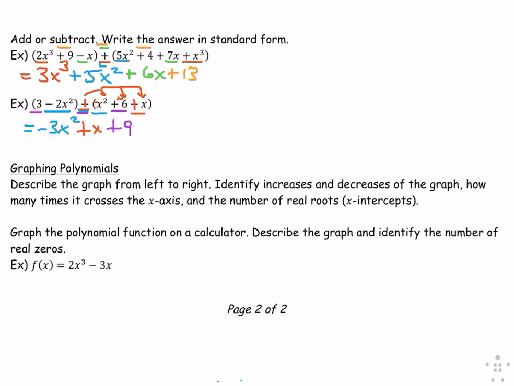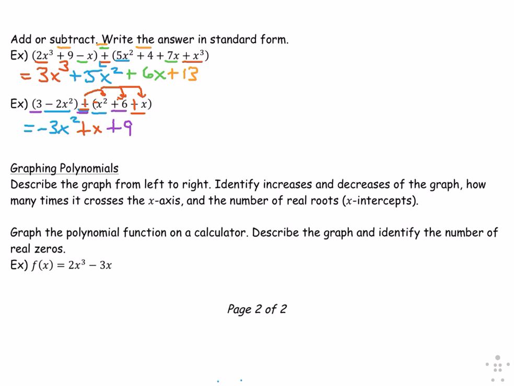Since this is the opening section of the chapter, I want us to use the graphing calculator to visualize what these polynomials can look like, as I demonstrated at the beginning of this lesson. So when you're describing it, you'll do so from left to right. That's how we do things numerically. That's how the number line works.